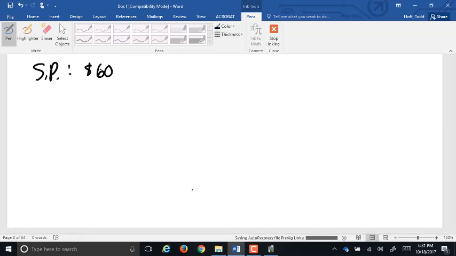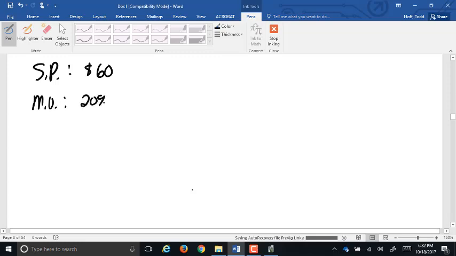A lot of times when you evaluate merchandise, you look at it and you realize, I can put that in my store, but this is what I can charge. This is what my customers would be willing to pay for it. 60 bucks. I have to have a markup of 20% of the selling price. So we can find the cost. In other words, what can I afford? What's the most I can afford to pay for this? And still keep my 20% markup on selling price.